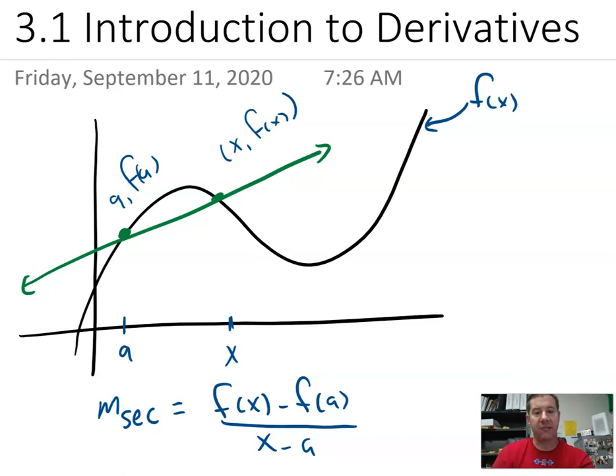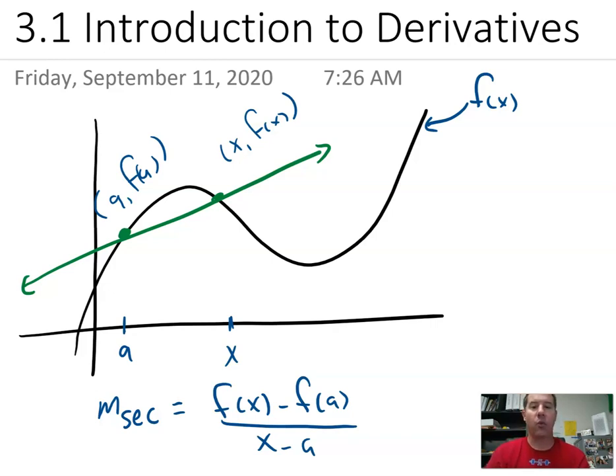That would give me the 2 points on our secant line: x, f of x, and a, f of a. If I wanted to find the slope of the secant line, I could just do y2 minus y1 over x2 minus x1. So that would be f of x minus f of a over x minus a, which gives me the slope of the secant line, just using our slope formula.